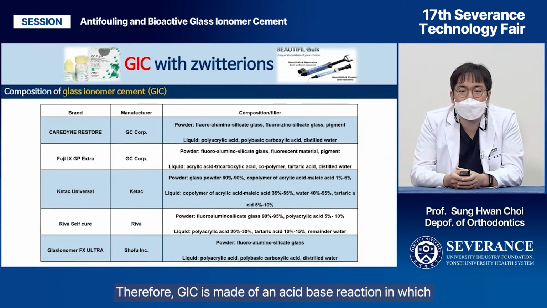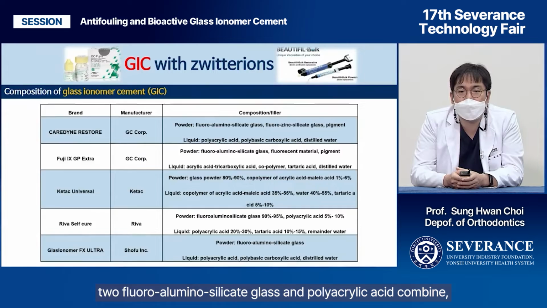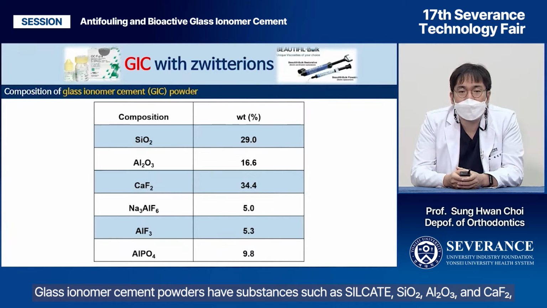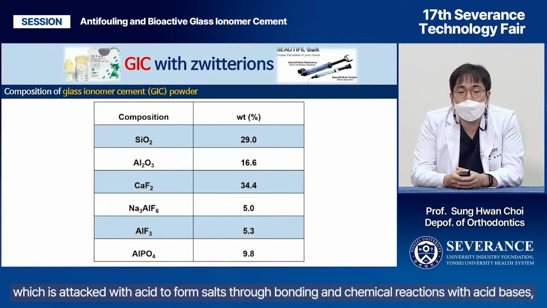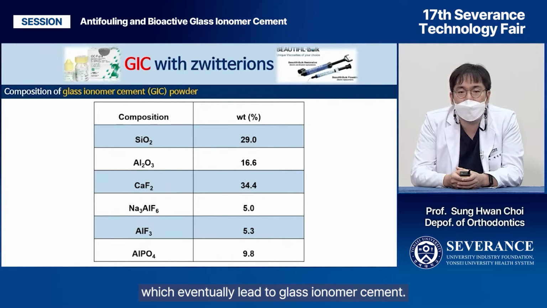Therefore, GIC is made by an acid-base reaction in which fluoroaluminosilicate glass and polyacrylic acid combine. Glass ionomer cement powders have substances such as silicate, SiO2, Al2O3, and CaF2, and consequently a powder consisting of glass, which is attacked with acid to form salts through bonding and chemical reactions with acid bases, which eventually lead to glass ionomer cement.